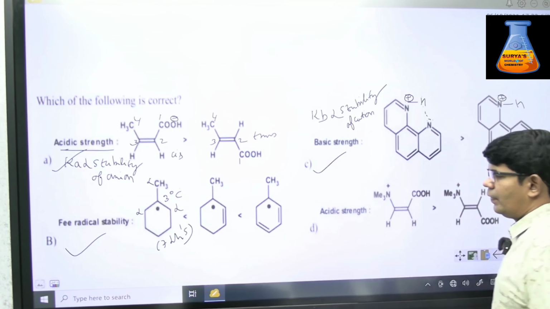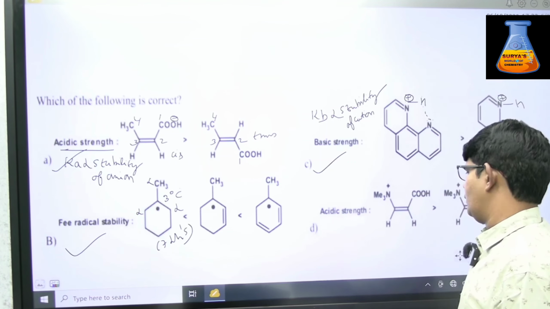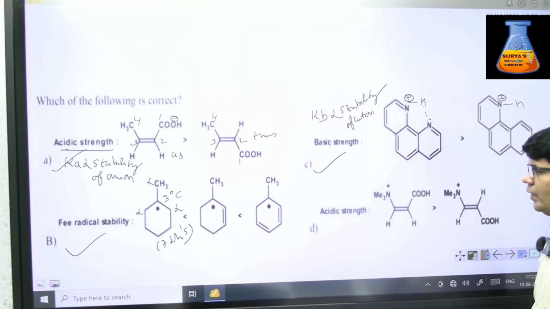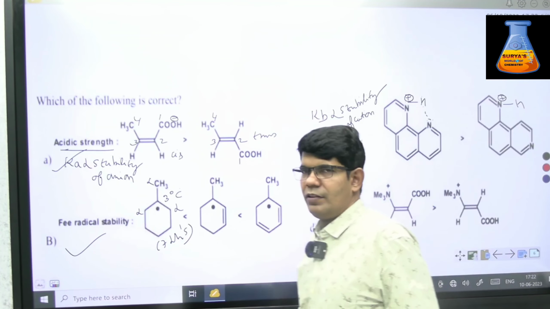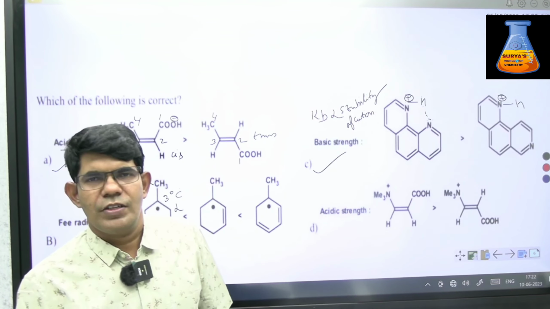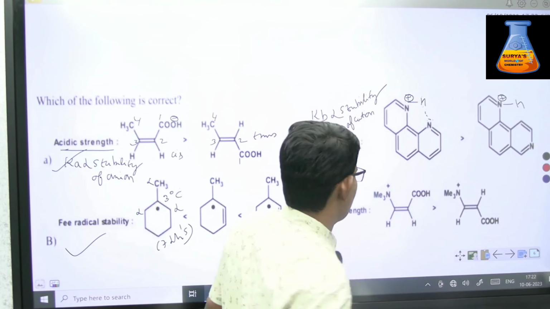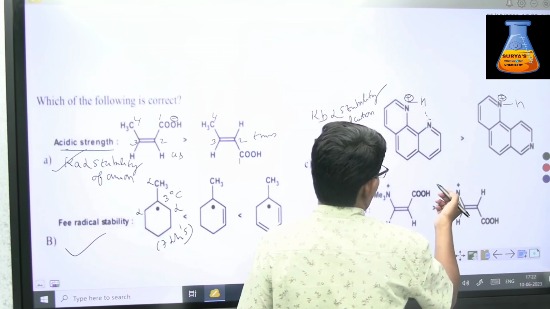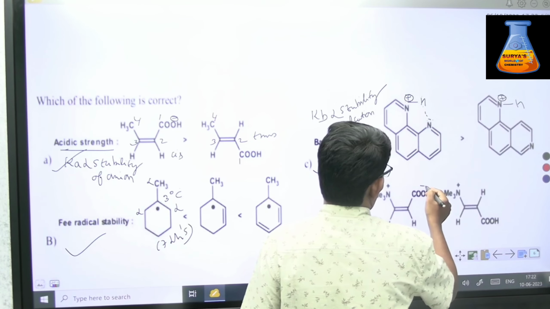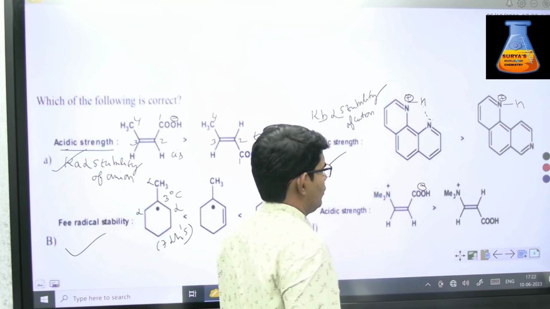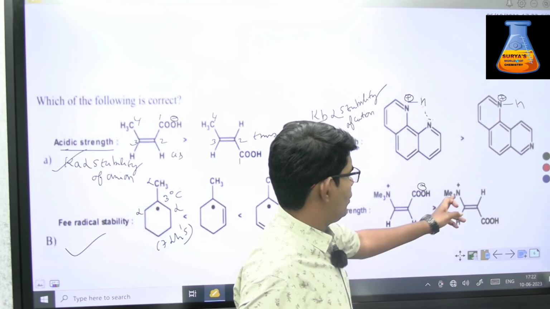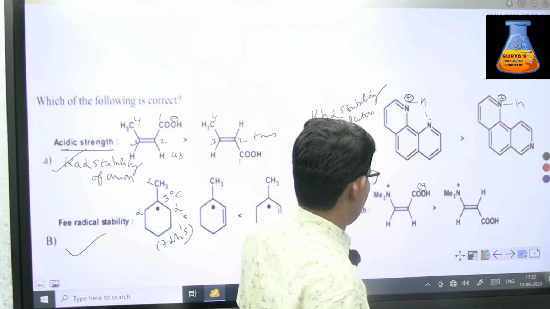Now come to option 4. The fourth one is asking you to compare the acidic strength. Here also the same thing. Once it releases H plus ion, you will have CO minus. Here you have C double bond OH.